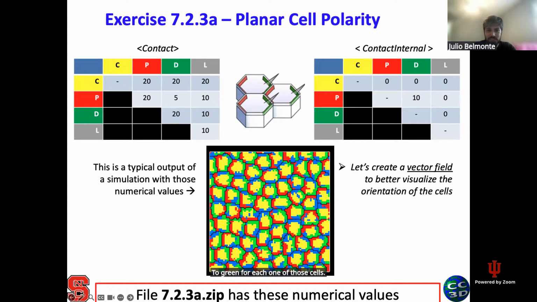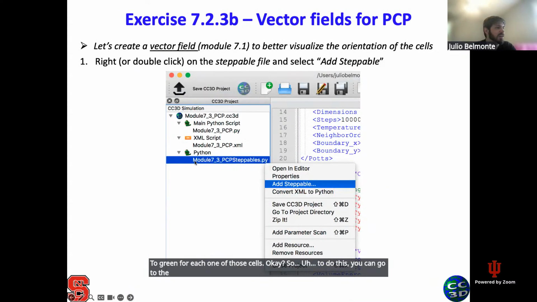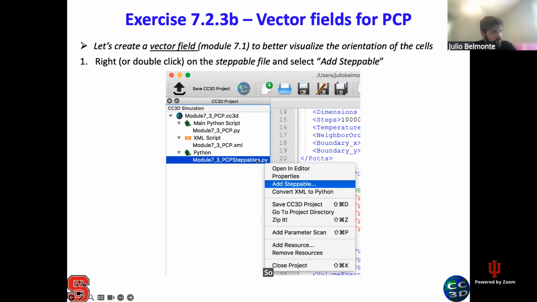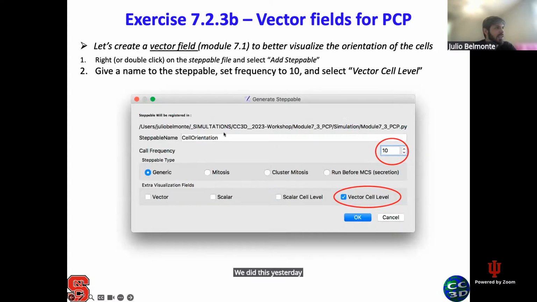Okay, so to do this, we can go to the code, and you're going to add a steppable again. So you go to the steppable files, right click and select the add steppable file. We did that yesterday. And here I want to do two changes.